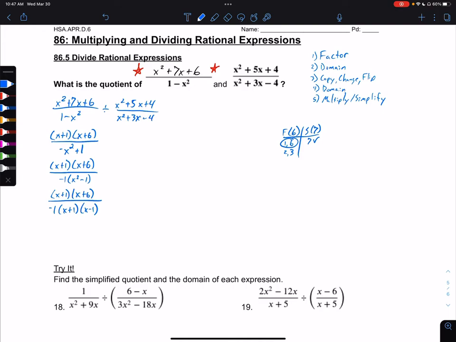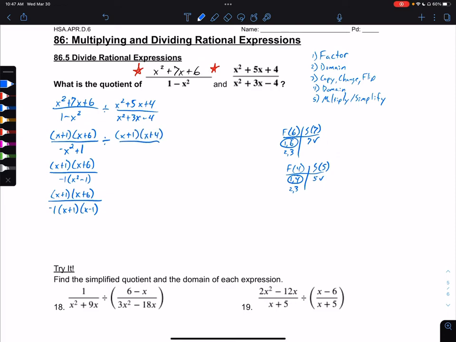We're going to do the same thing with the fraction on the right. I'm going to keep this as division for now. So here I want factors of 4 that have a sum of 5. 1 and 4, 2 and 2, 1 and 4 check out. So let's use those. So this becomes x plus 1 times x plus 4.